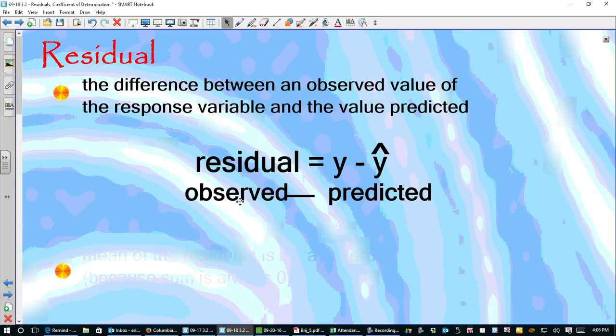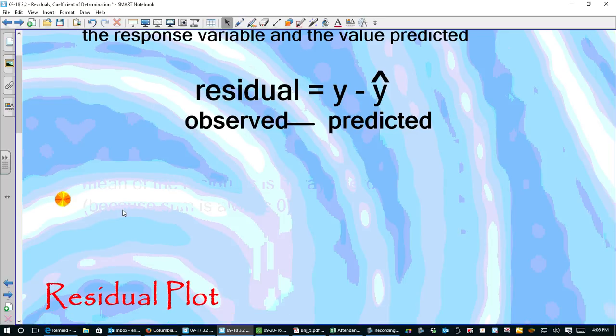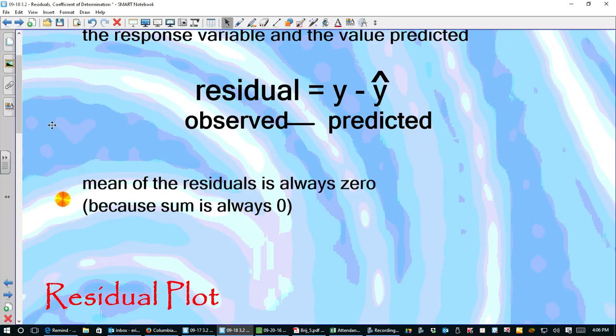I take my observed and I subtract the predicted from the least squares regression line. So the mean of the residuals is always 0 because the sum of the residuals is always 0.